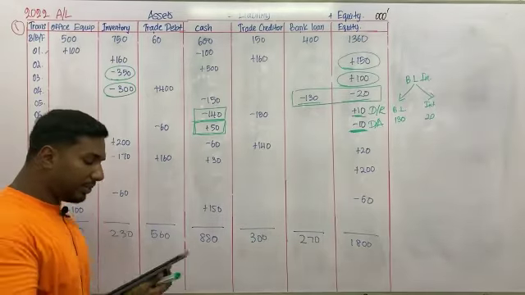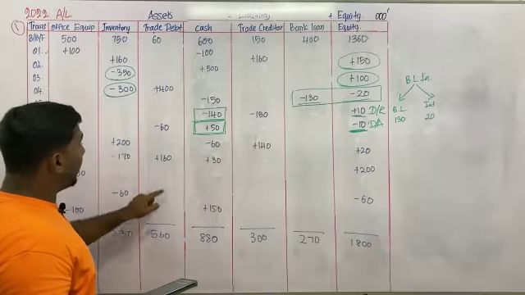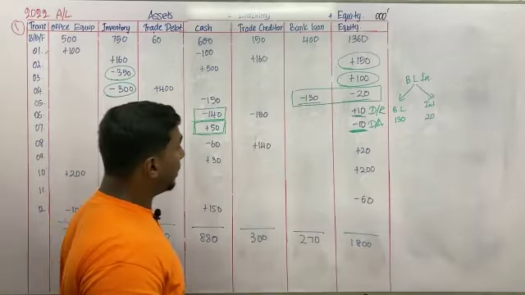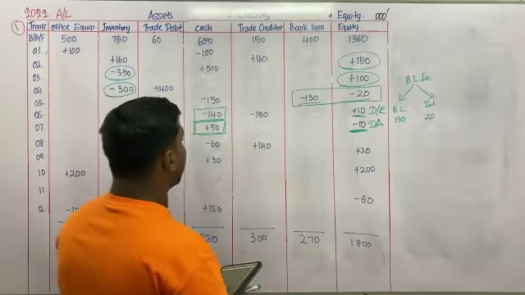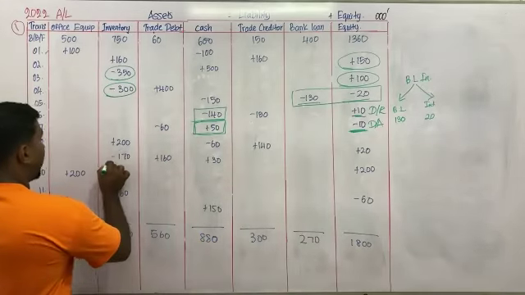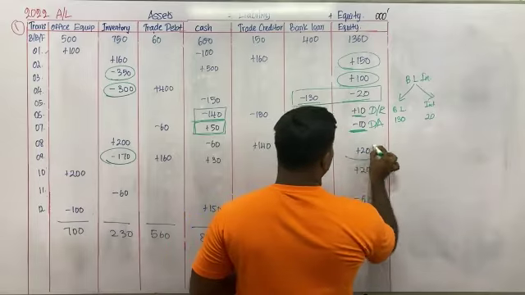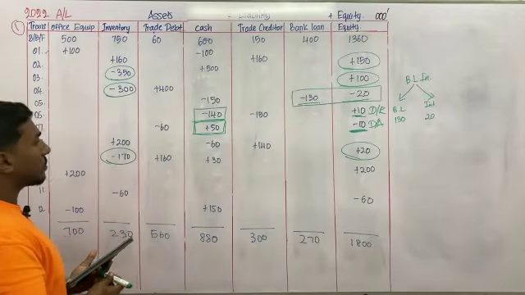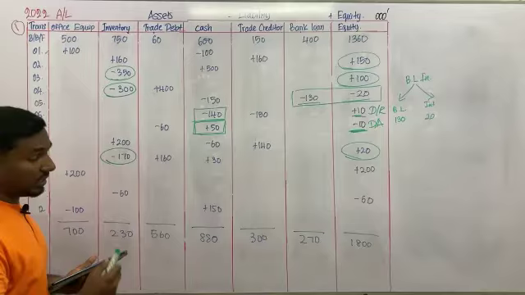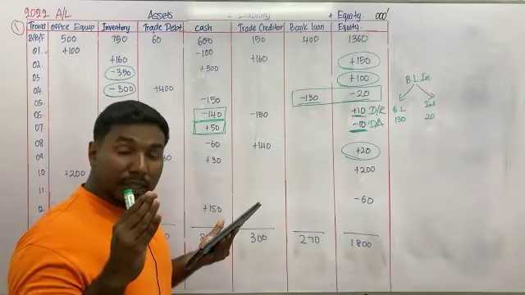Transaction number 9. Minus 170 in the inventory, trade debtors plus, cash plus, and 20,000 plus in the equity. If the inventory is minus and equity is plus, that is a sale. So what is the sale here?